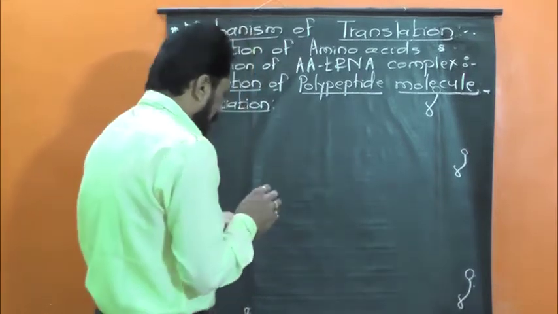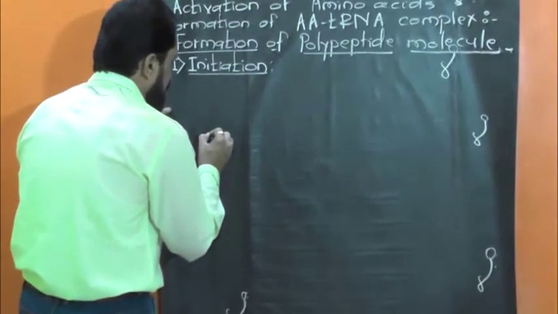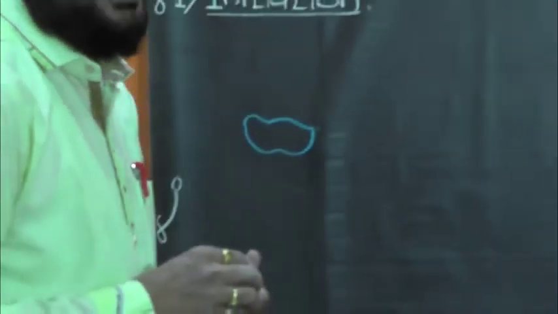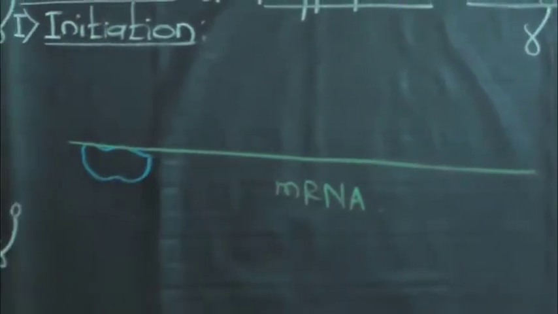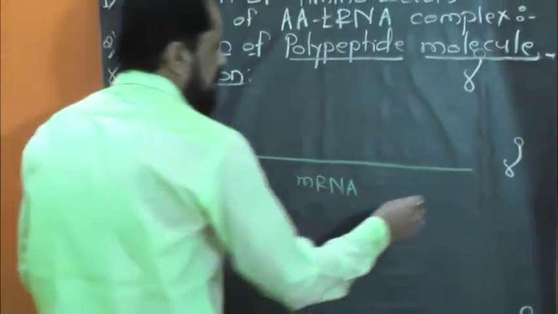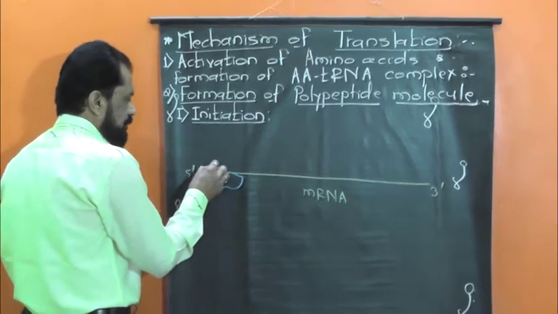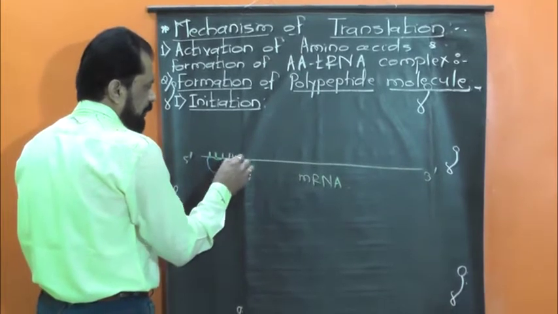Initially, the smaller subunit of ribosome binds at the 5' end of messenger RNA. Look at the diagram. Here is a messenger RNA. We know that one end is 5', the other 3', and it shows the sequence of nucleotides grouped in the form of codons.